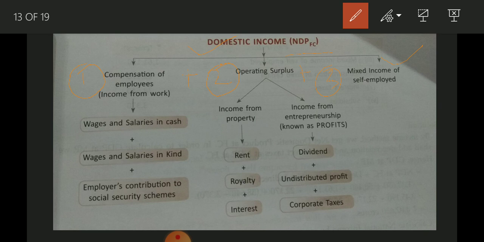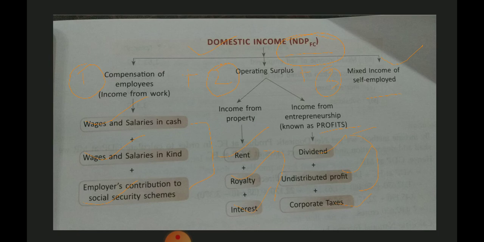Compensation of employees is the sum total of salary and wages in cash, salary and wages in kind, and employers contribution to social security scheme. Operating surplus is the sum total of rent, royalty, interest and profit, and this profit is further divided into three parts: dividend, undistributed profit and corporate tax. When we add these together with mixed income, we get NDP-FC.